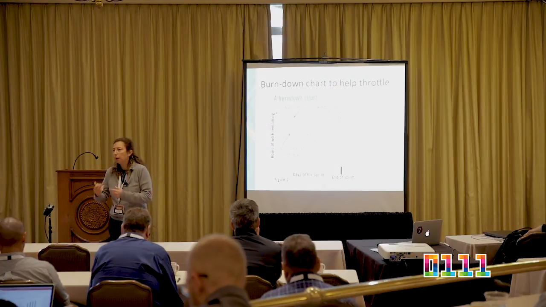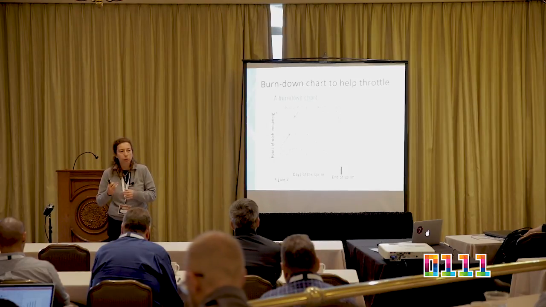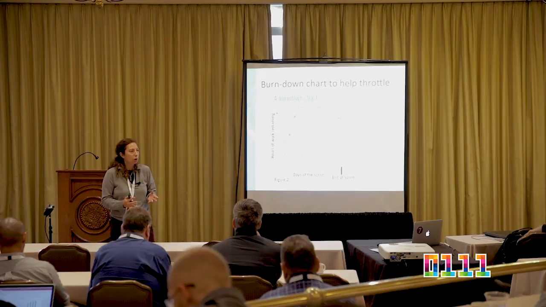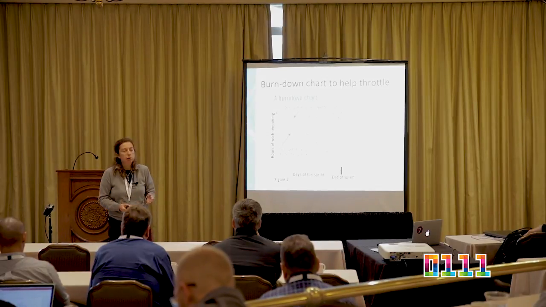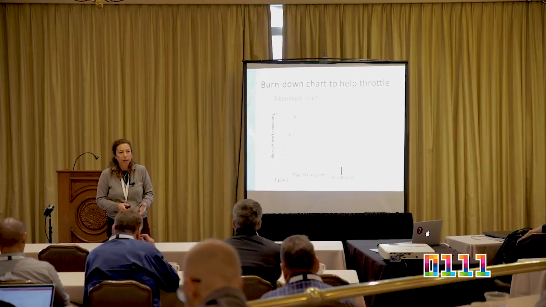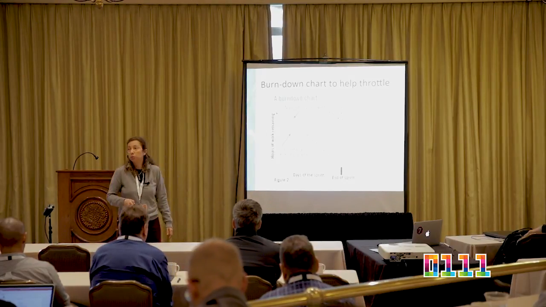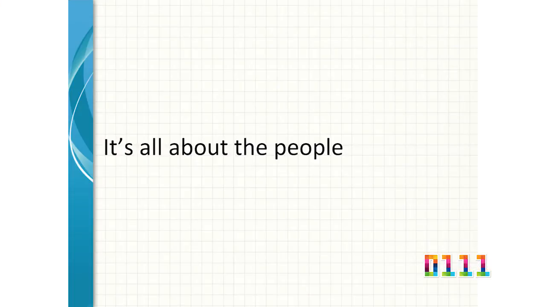But it's always about trying to do better, always about doing that retrospective and questioning yourself. So it's about having trust in the team to do the right thing and to continuously improve. So it's all about the people.